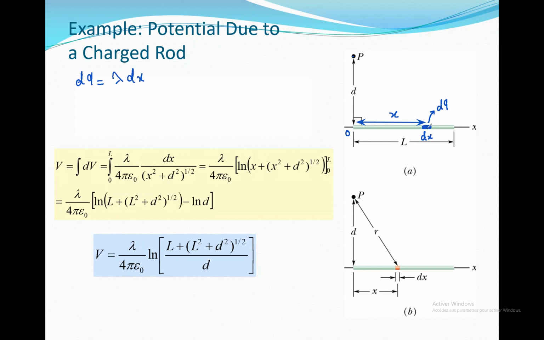And dq will create at the point P a dV. So dV equals k dq divided by the distance between dq and P. Let's say we have r.